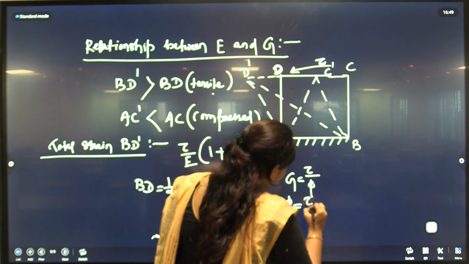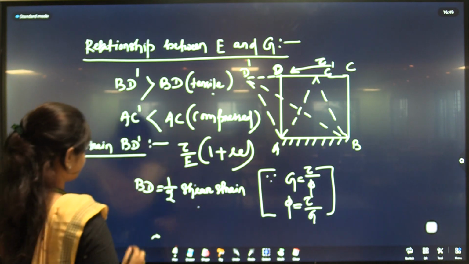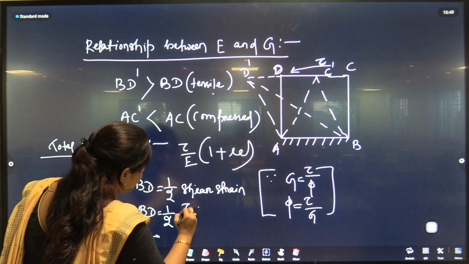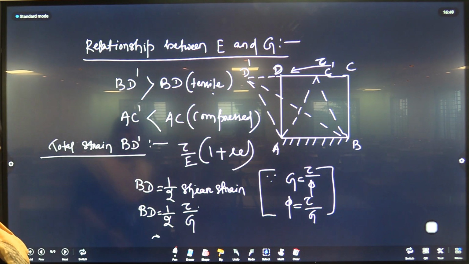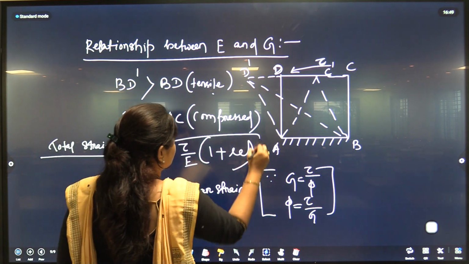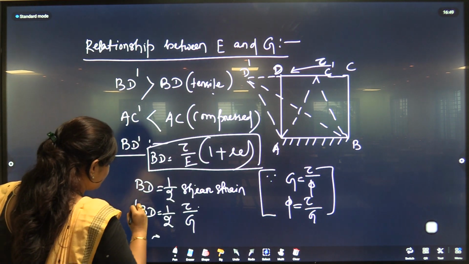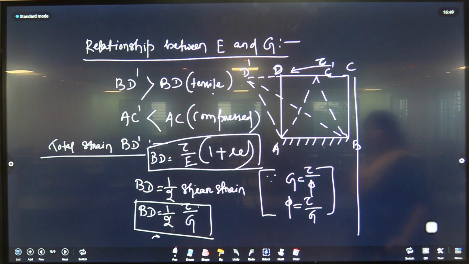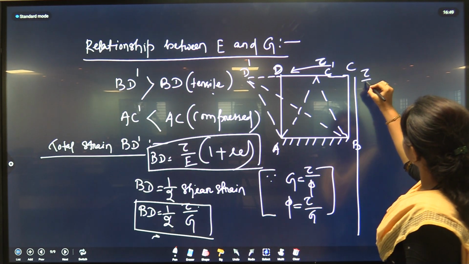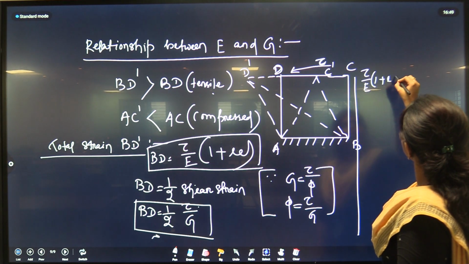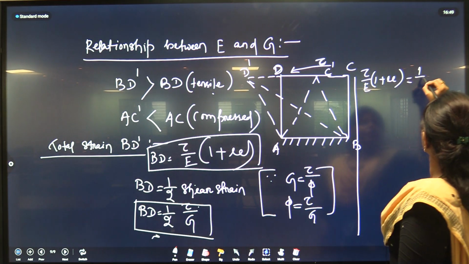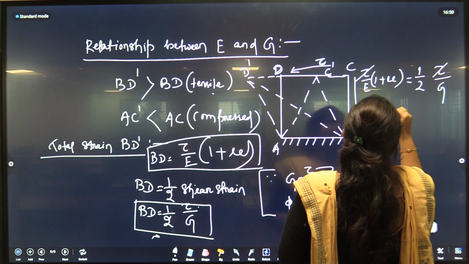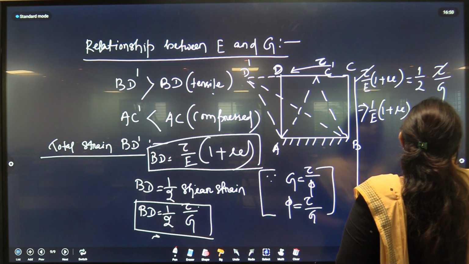So, shear strain will become tau upon G. BD will become half of tau by G. Yes, we get here BD equals tau by E into 1 plus mu, and also half of tau by G. Now, by equating those two values, we will get tau upon E into 1 plus mu equals half of tau upon G. So, we will cancel these two taus.